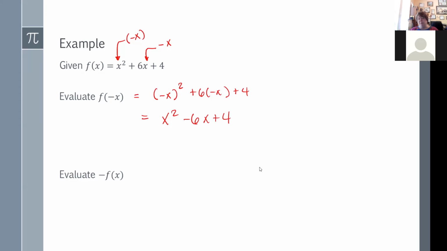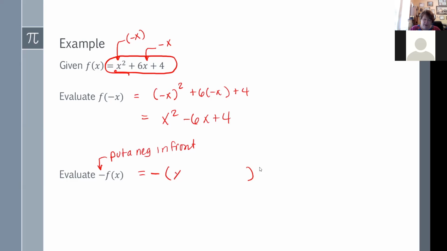Now, what's the second one mean? We have a negative outside of the f of x. What this means is to take this function and put a negative in front of it. So I need to put that function inside parentheses. If I'm going to change its sign, which is what that negative tells me to do, that negative in front of that function symbol says to change the sign of the function.